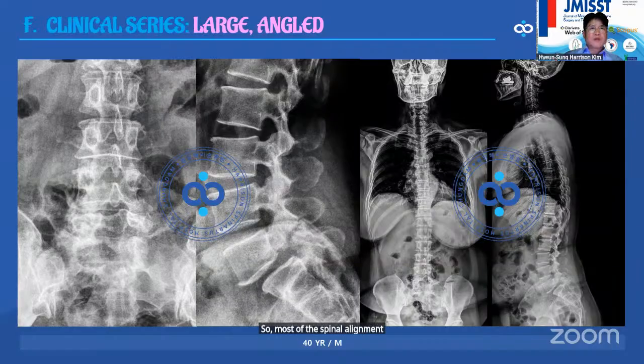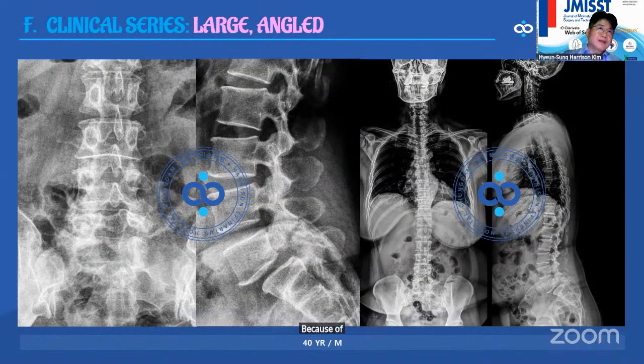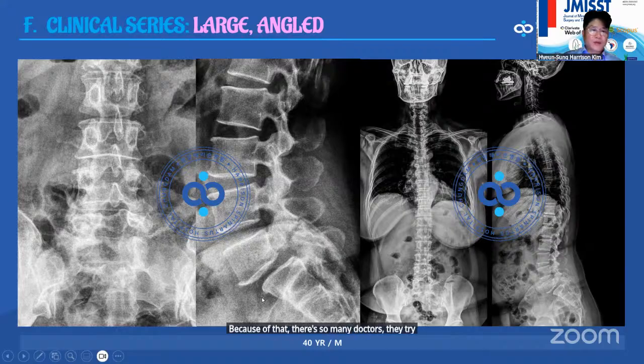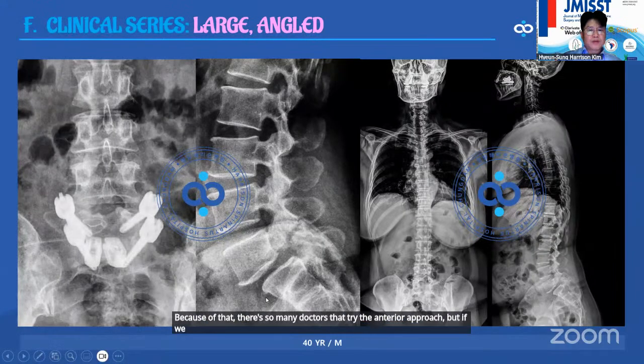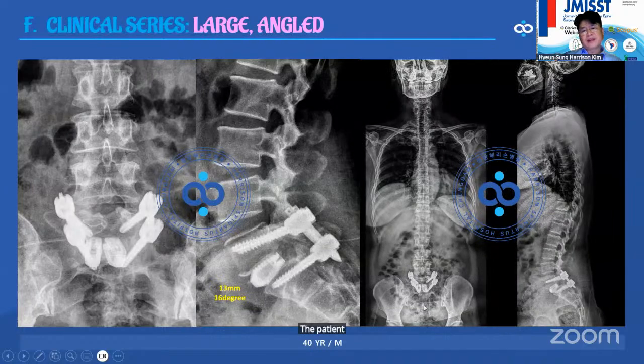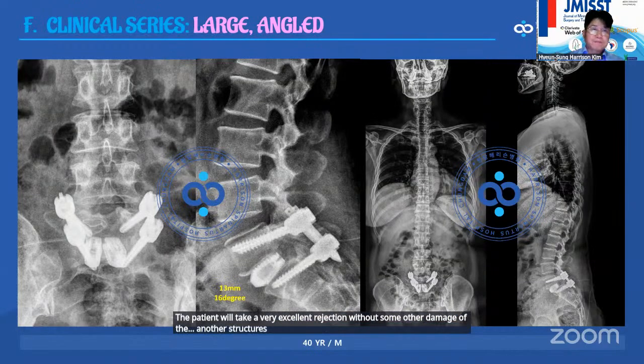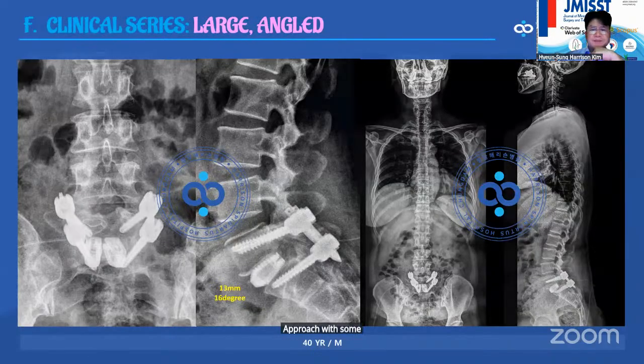Because of that, we hope for a larger angle cage and a wide fusion bed. Because of that, many doctors try the anterior approach. But if it is possible posteriorly like this, the patient can get a very excellent result without damage to other structures, with only a posterior approach under epidural anesthesia.